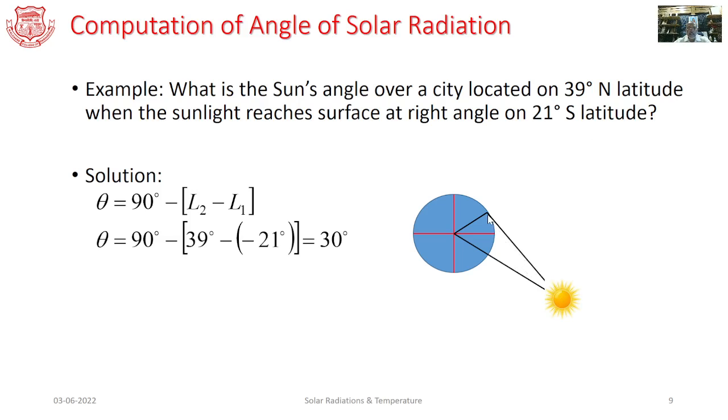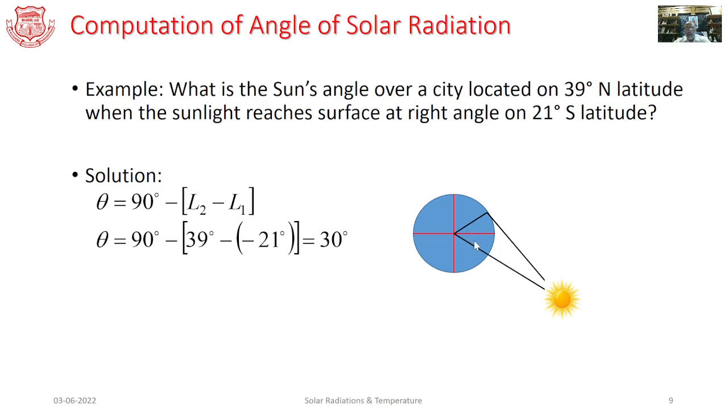As we consider this particular triangle, some of the included angles are 90 degrees, and the sum of the included angles is 180 degrees. Here this is 39 degrees.